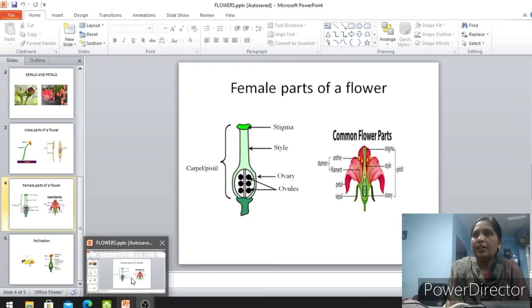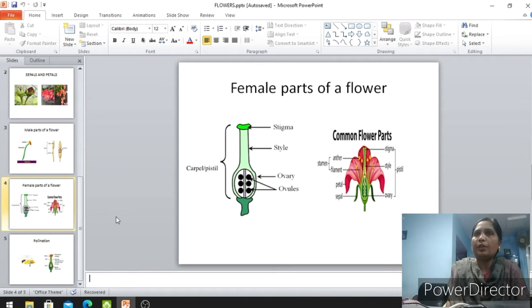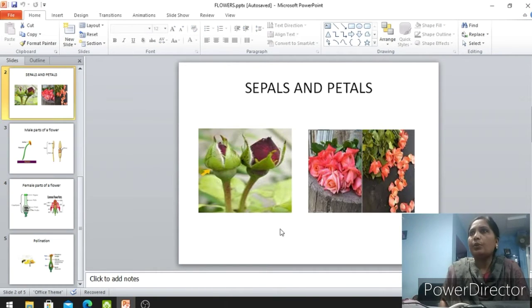After the activity, now we will move on to the floral parts, children. What are the different floral parts present in the flower? We'll see now. Just now I told you about the green color parts present in a flower. These green color parts are known as sepals, and they protect the flower when it is in the form of a bud.